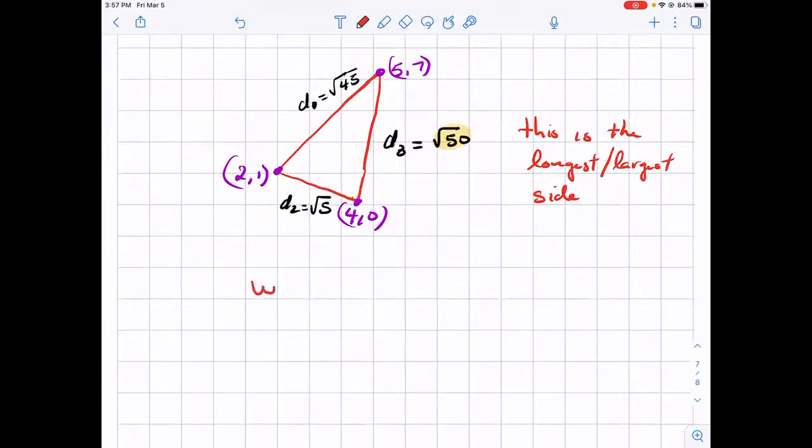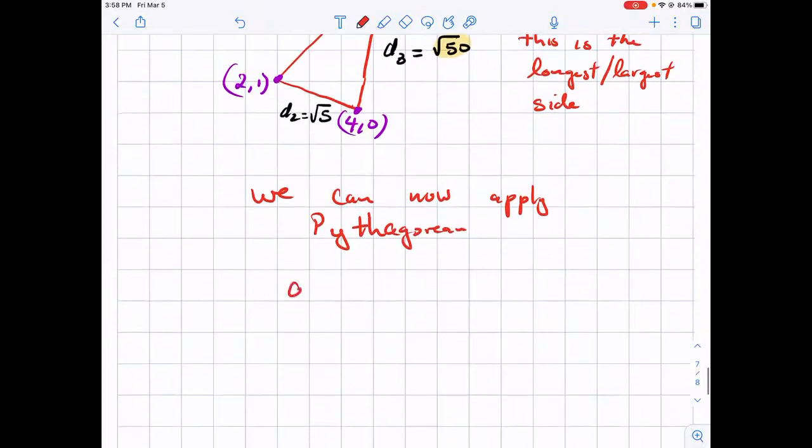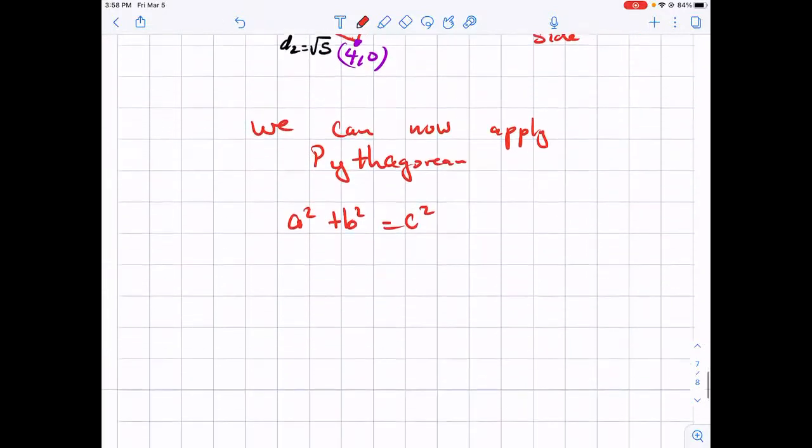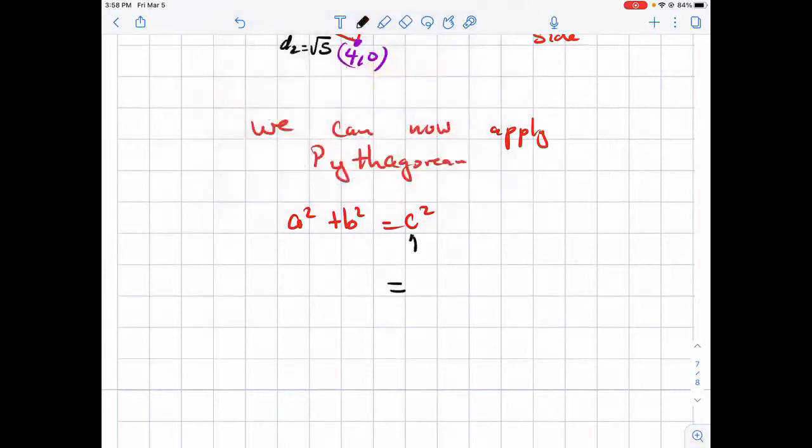So we can now apply Pythagorean theorem, which says that a squared plus b squared is equal to c squared. Well, in my example, c is the longest side, so this has to be the square root of 50.